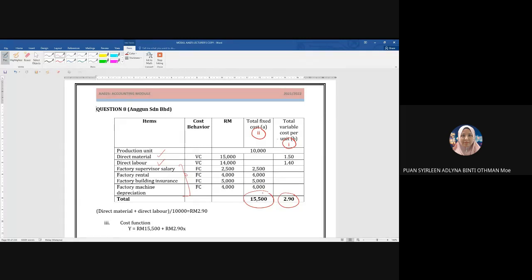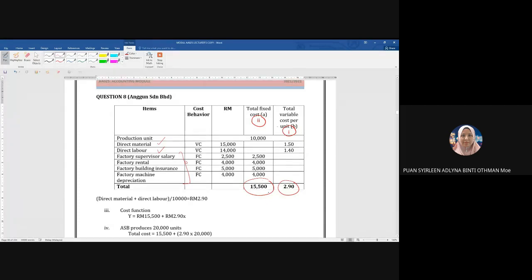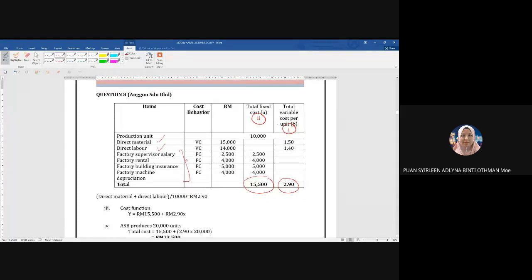Okay, so dari situ kita boleh terus bentuk cost function. Alright, so cost function yang ni. Okay, ada orang tak nak kira satu-satu. Yang ni sebab dia bahagi 10,000 dapat RM1.50. Yang ni dia bahagi 10,000 dapat RM1.40.